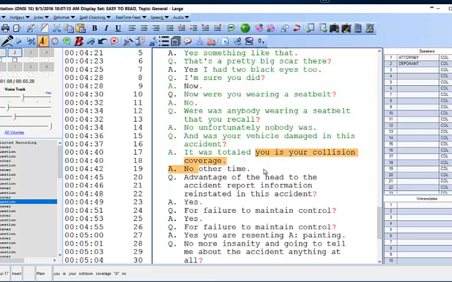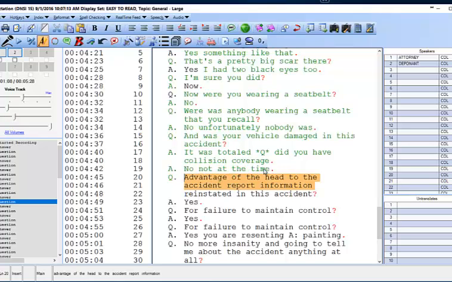Hugo: Did you have collision coverage? Echo: No, not at the time.